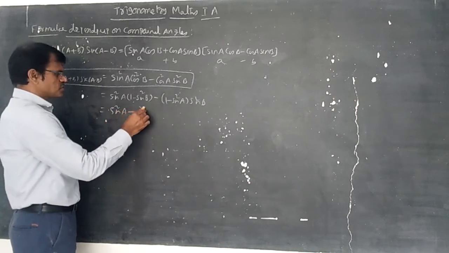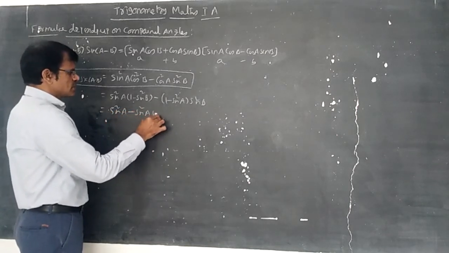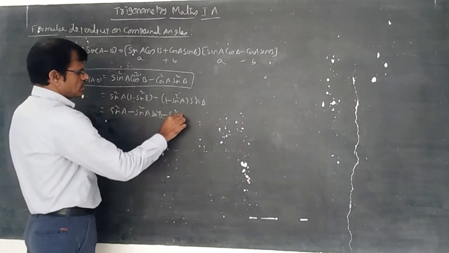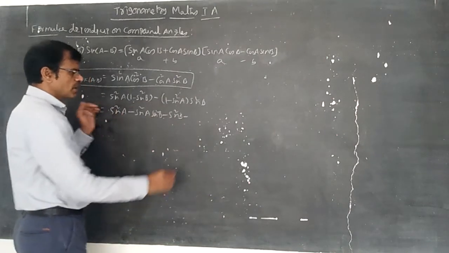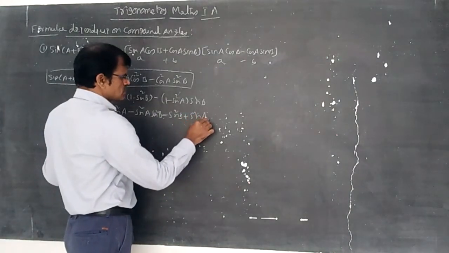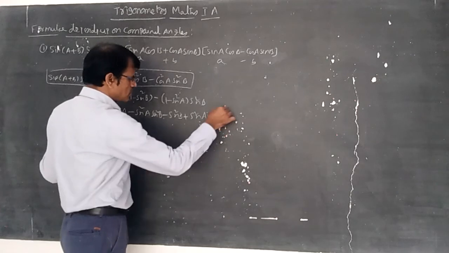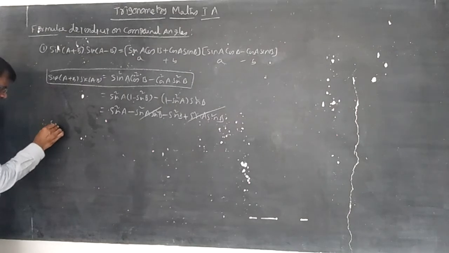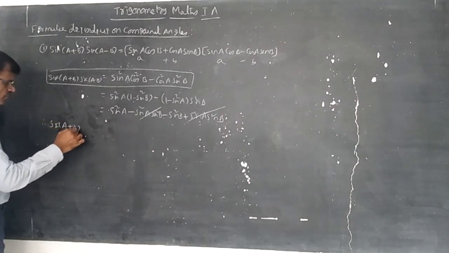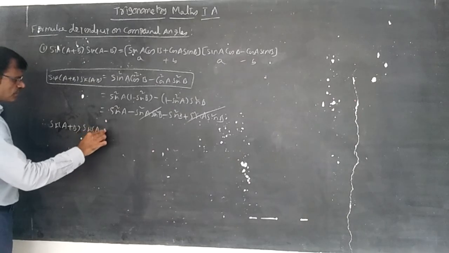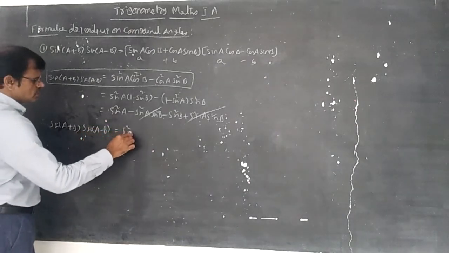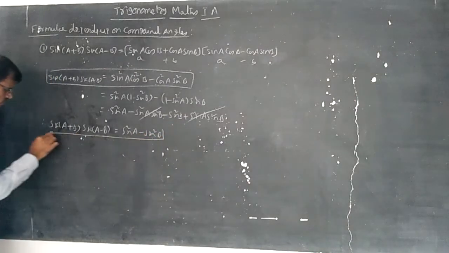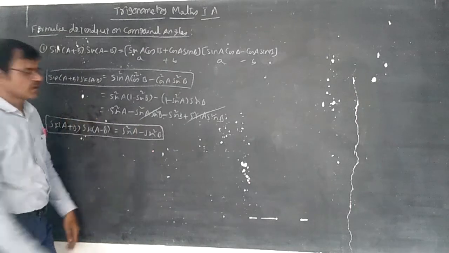This becomes sin square A minus sin square A sin square B minus sin square B plus sin square A sin square B. Plus and minus cancel. Therefore, sin of A plus B into sin of A minus B is equal to sin square A minus sin square B. This is a formula, put a star mark.